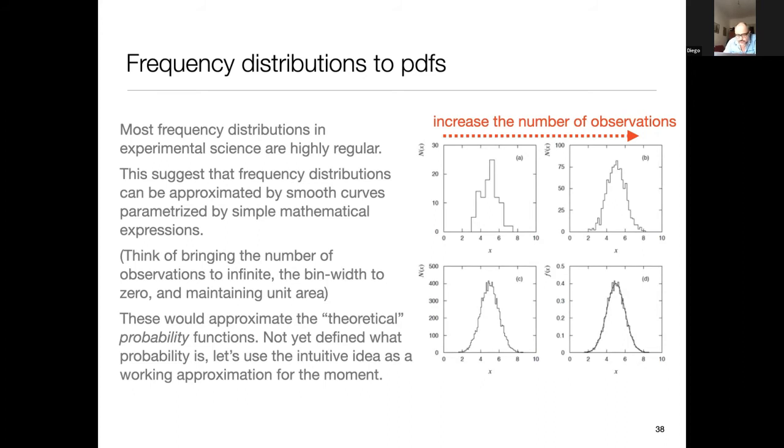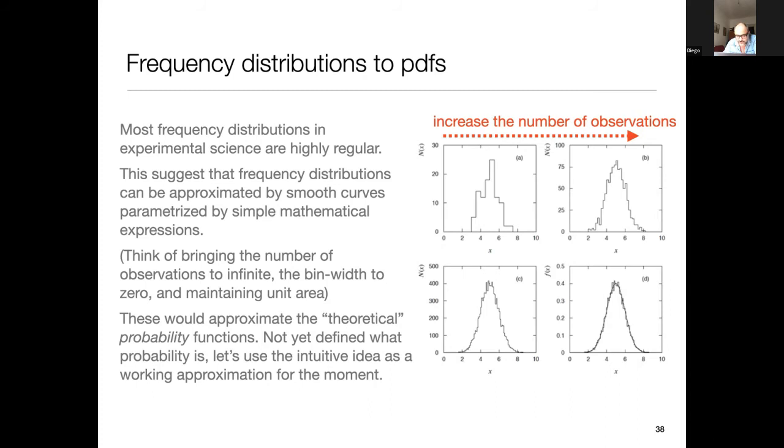You don't have any crazy stuff with many different shapes. Usually we're dealing with regular distributions. And also we notice that typically we have a lot of data. So if we increase the number of observations, the frequency distribution becomes smoother and smoother. And so they somehow start approaching the theoretical probability distribution that we are interested in getting the properties of.